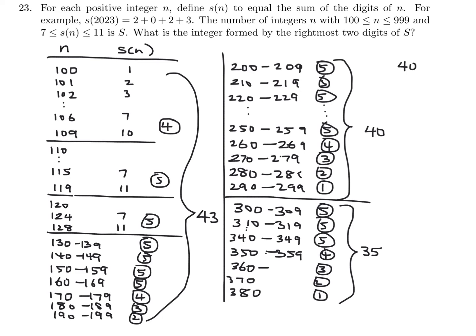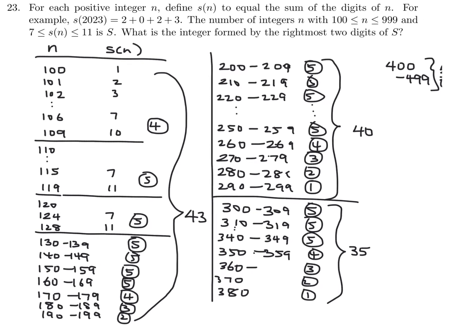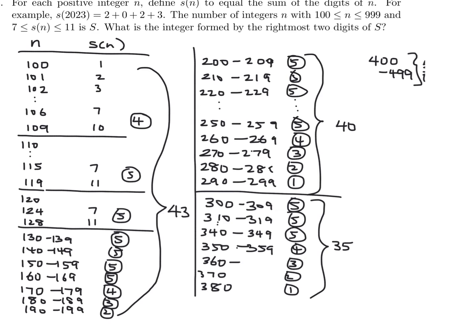So if you go 400, all the 400s, 400 to 499, all of those, that's going to be 30. And then similarly, if you go 500 to 599, that's going to be 25.